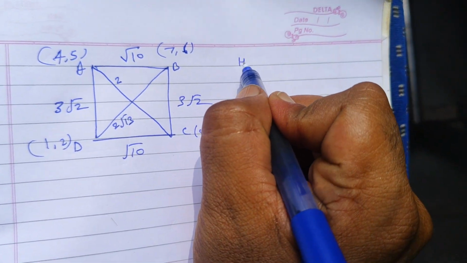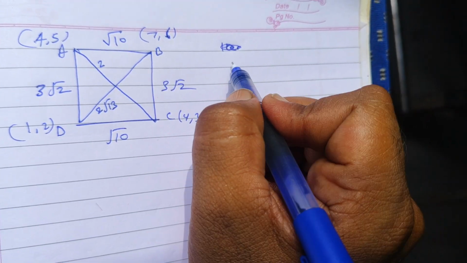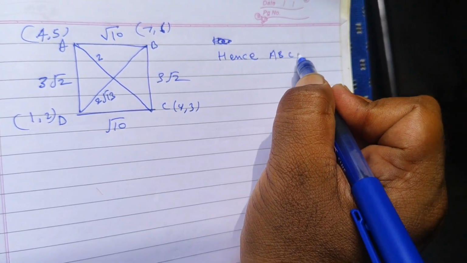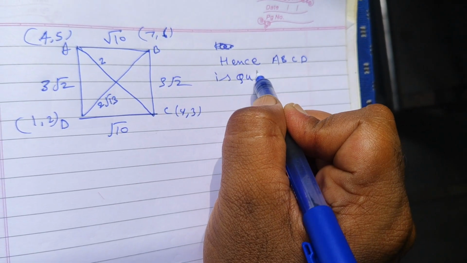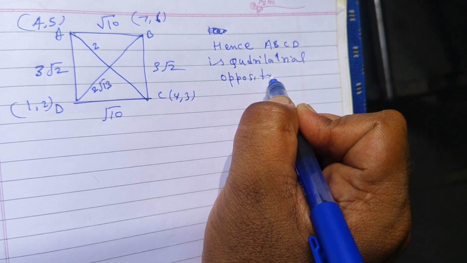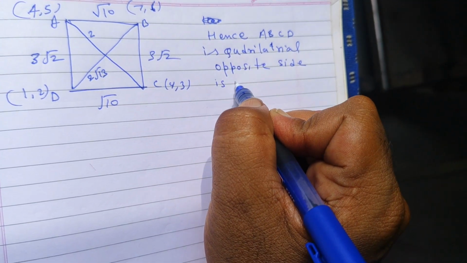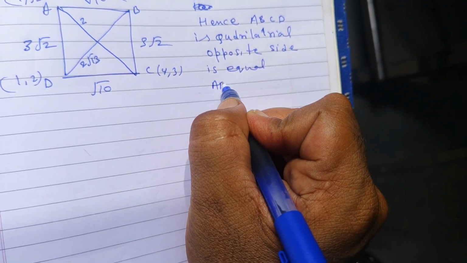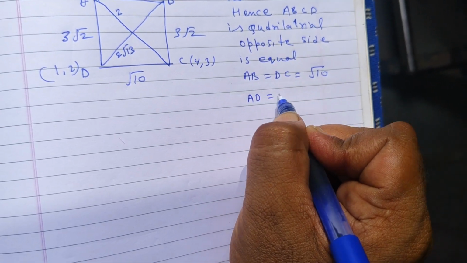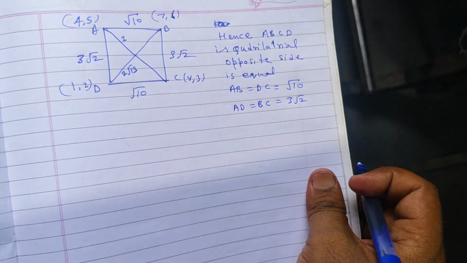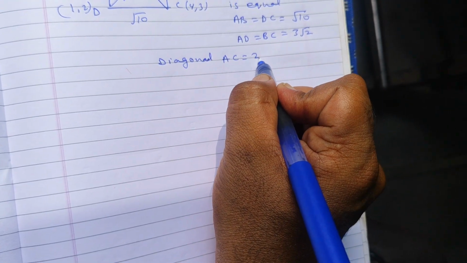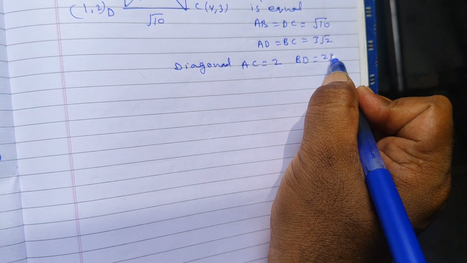Hence ABCD is a quadrilateral. Opposite sides are equal: AB equals DC equals root 10, and AD equals BC equals 3 root 2, and diagonal AC is equal to 2 and BD is equal to 2 root 13.